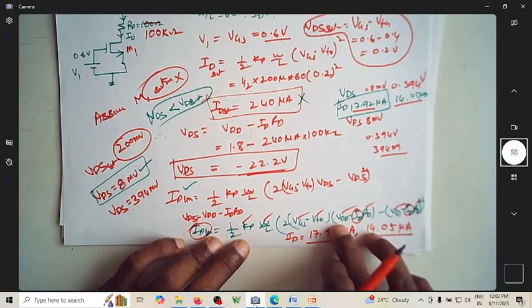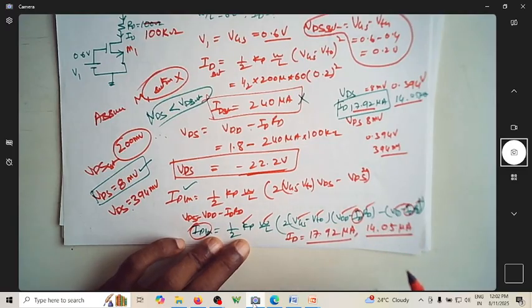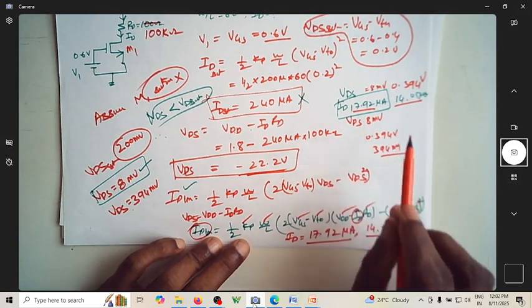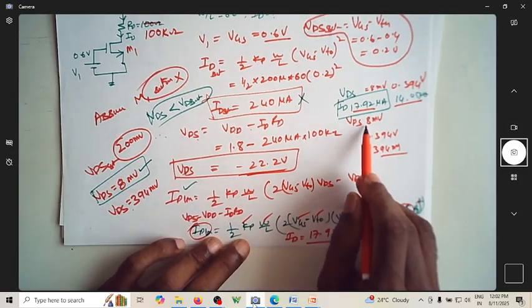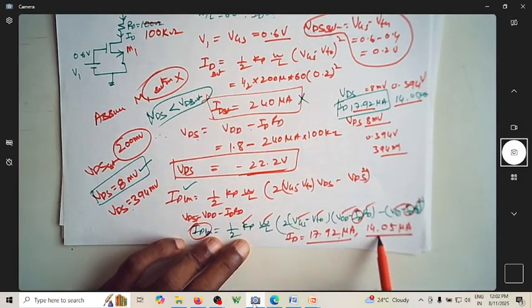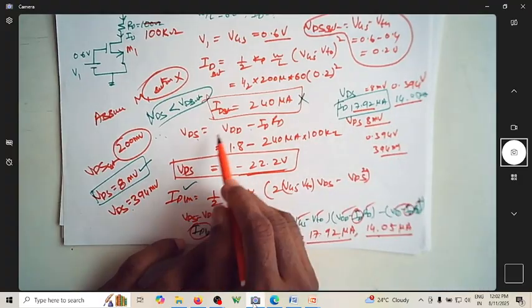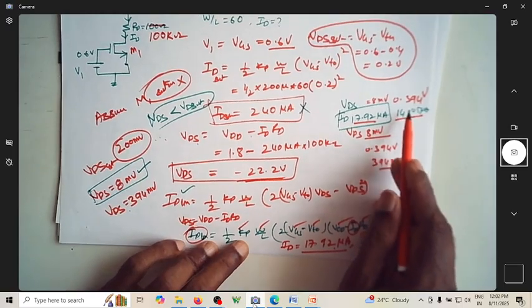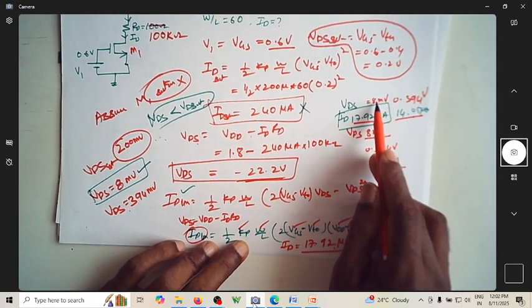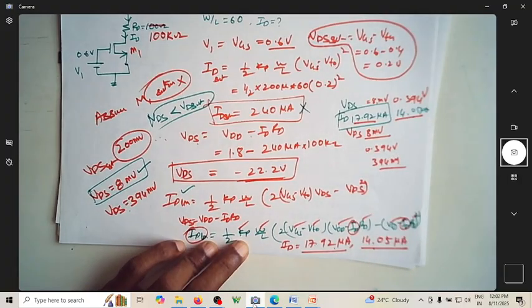When you have two currents, naturally you need to choose one of them. Only one is electrically correct. When I took this current and found VDS, I got it as 8 millivolt. When I took the other as my ID and found VDS, because I know how to find VDS, I have 8 millivolt and 394 millivolt.